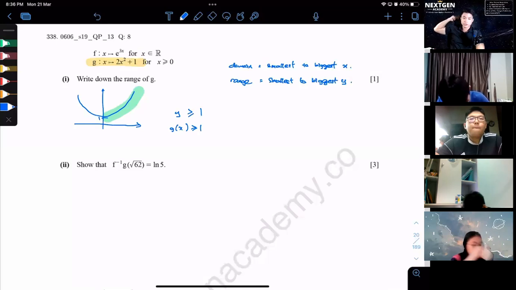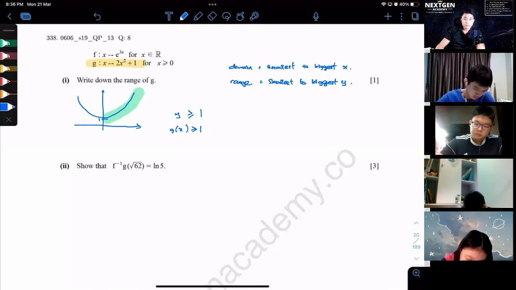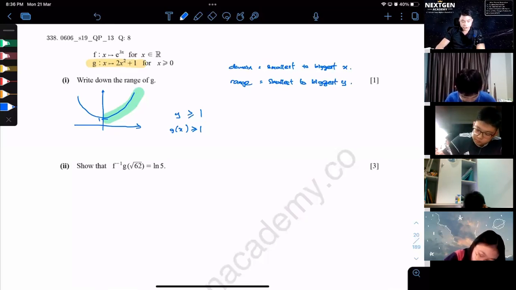Okay, let's try number 2. Show that f inverse g(√62) equals ln 5. Okay, this is a composite function. I want you all to try first. Refresh a bit on chapter 1, chapter 2.